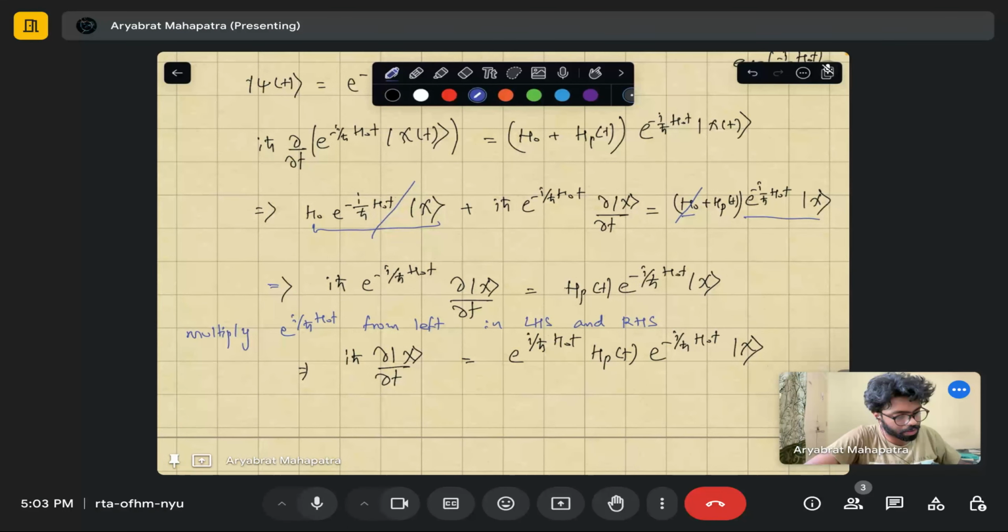Inside this exponential you have H naught, which is a matrix, an operator. When you have operators, if A is some matrix and B is some matrix, you cannot just simply cancel them out, that is the rule.